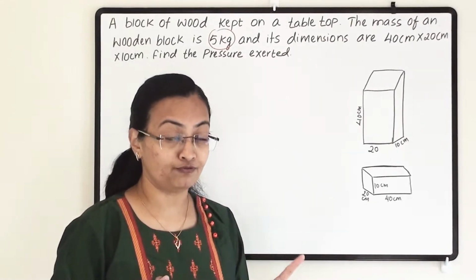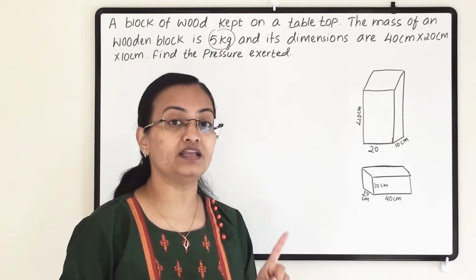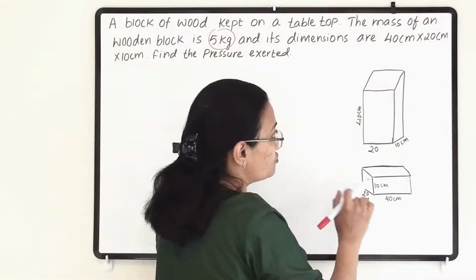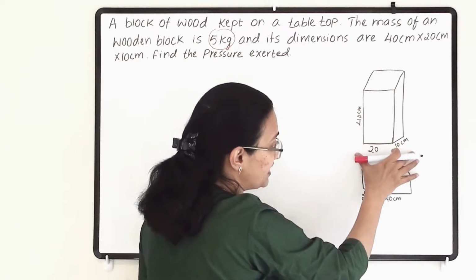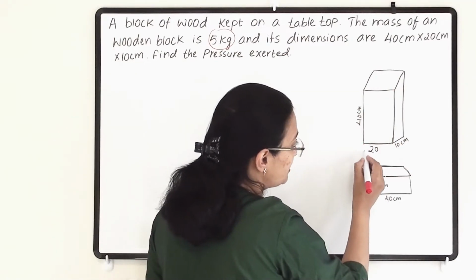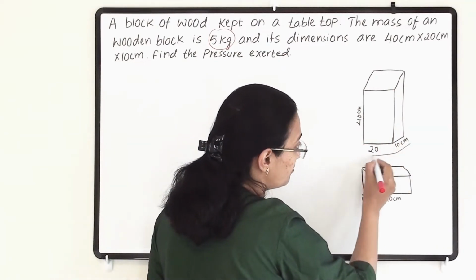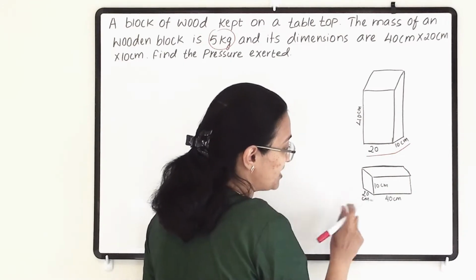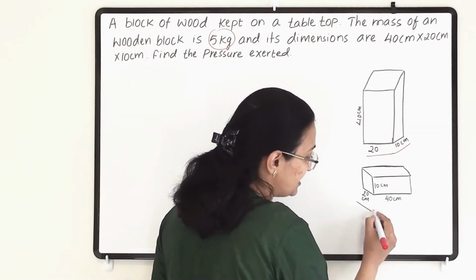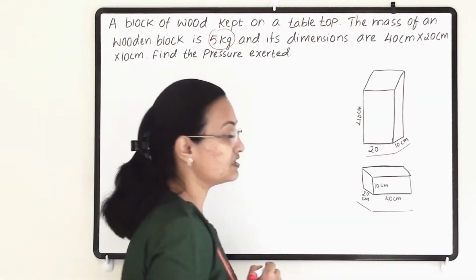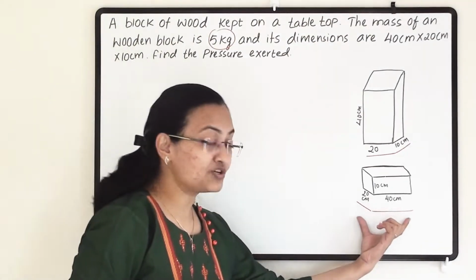The force exerted per area is known as thrust. When we keep the block vertically, it covers this much area on the tabletop. When we keep it horizontally, it covers this much area on the tabletop.